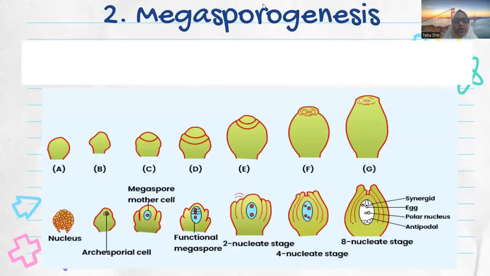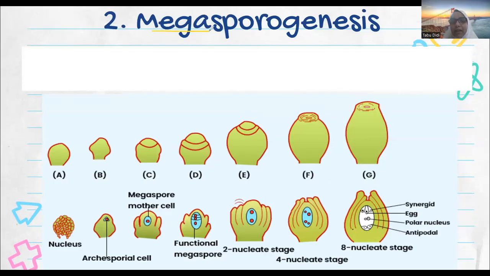So what is megasporogenesis? If you break this word into two, mega stands for something big, because here we are talking about the female gamete, the egg, the whole ovary and ovule setup. It's comparatively bigger in size. If you remember microsporogenesis, that is how the pollen grains are formed in the anther, the pollen grains are very small, very minute, granular in nature.